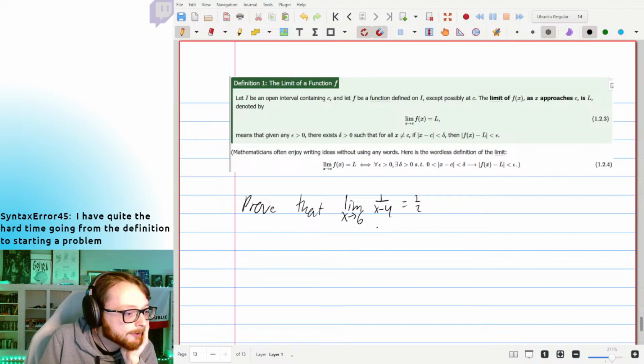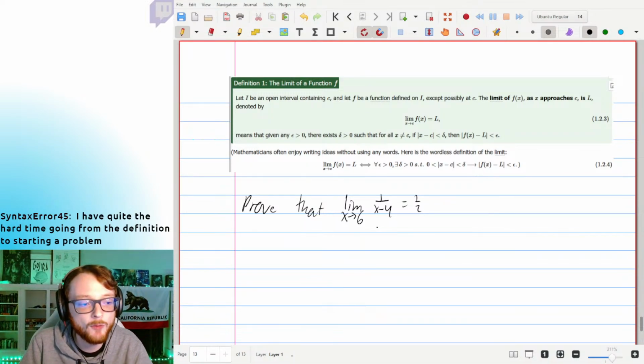Basically that, Freddy, yeah. They give you the output tolerance and you have to find the input tolerance.